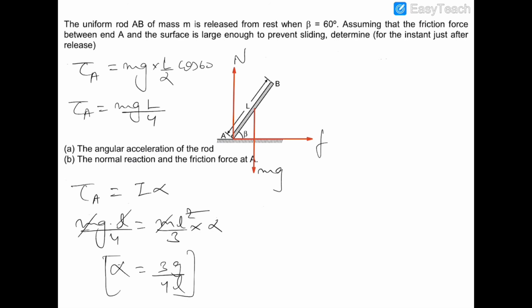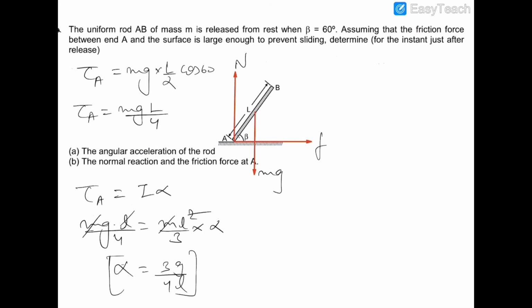Okay, now let us find out the friction and normal reaction. Let us see that obviously this point is at rest. So this point is at permanently rest. So the center of mass of this rod would be moving in a circle of radius L by 2.